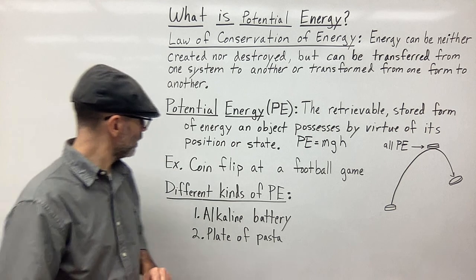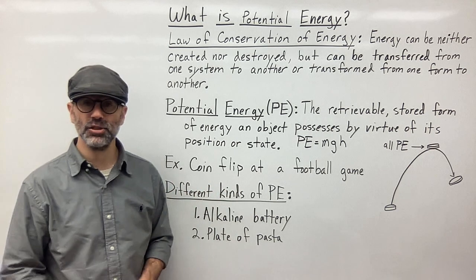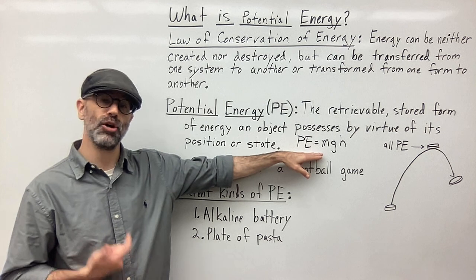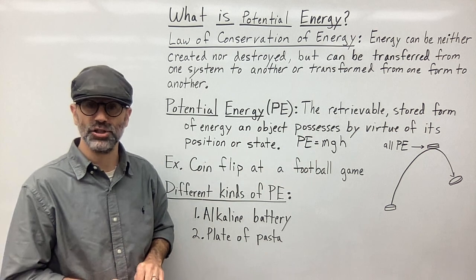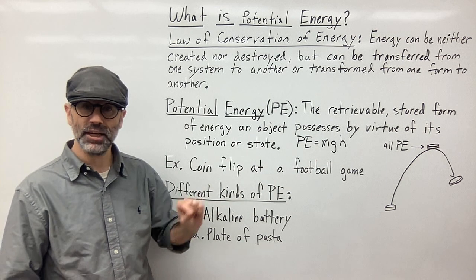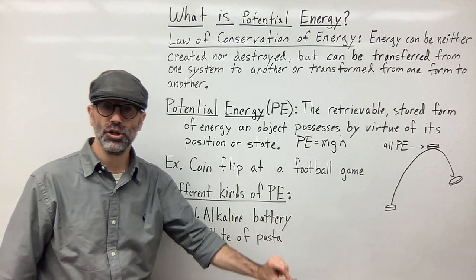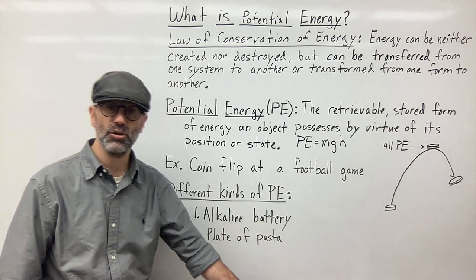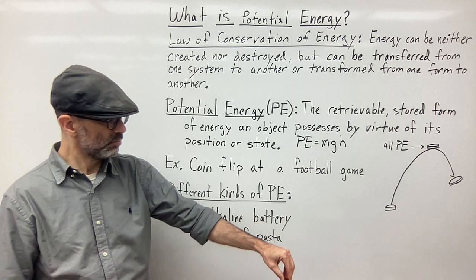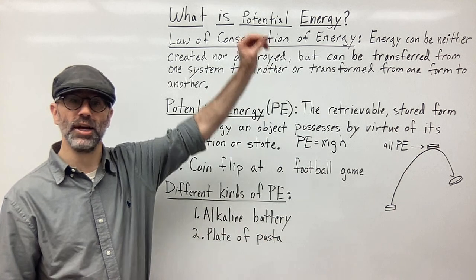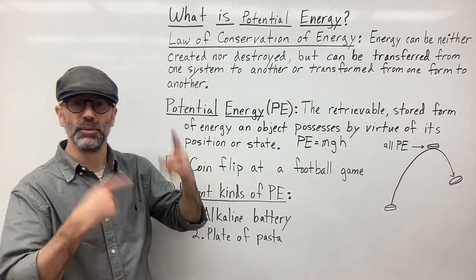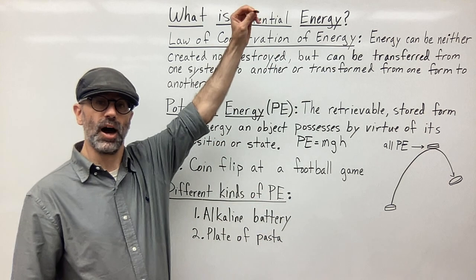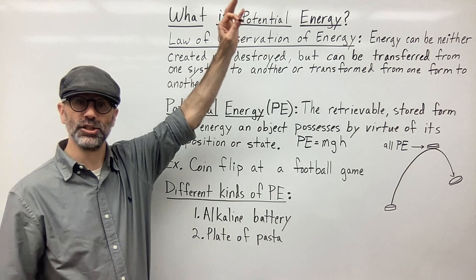Okay, so there are different kinds of potential energy, right? As I mentioned here, there's gravitational potential energy. That's the potential energy due to gravity, right? So the farther you get from the Earth, the more potential energy you have.